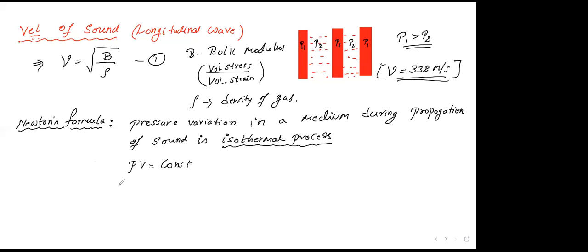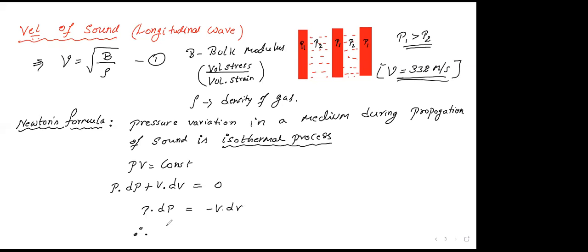If you differentiate it, we get P dV plus V dP, that is equal to 0. So P dV is equal to minus V dP.